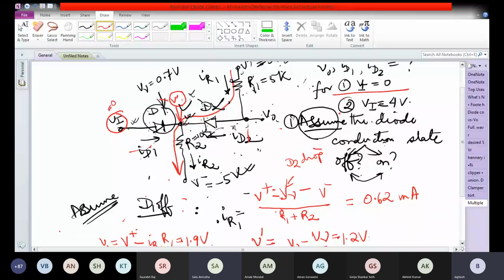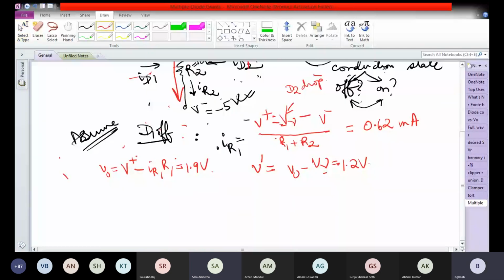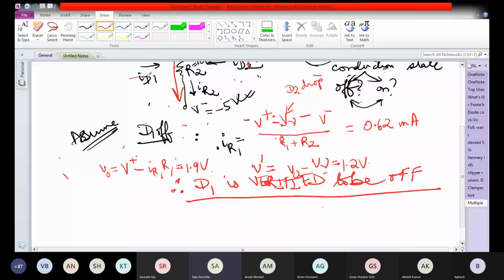So diode D1 is indeed off, and therefore we verify that our original assumption is correct. This you must write in your examination paper. So D1 is verified to be off, and the analysis is valid.